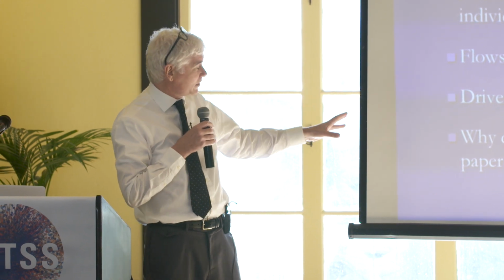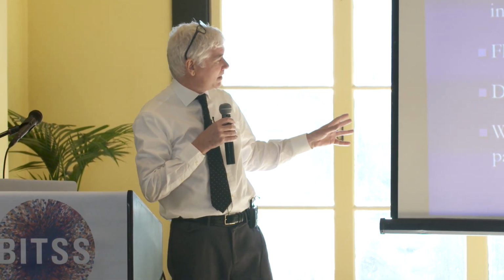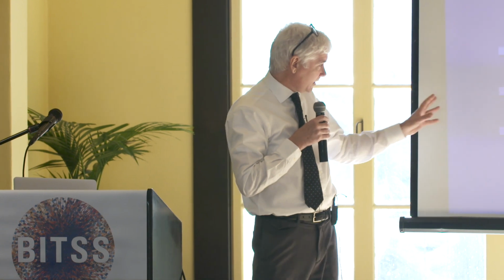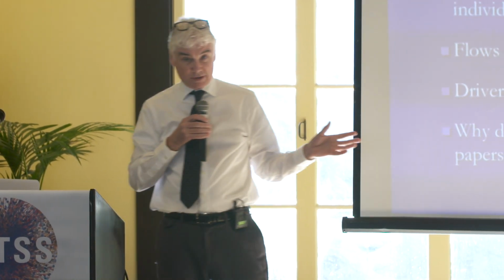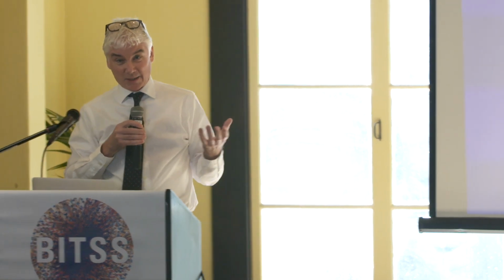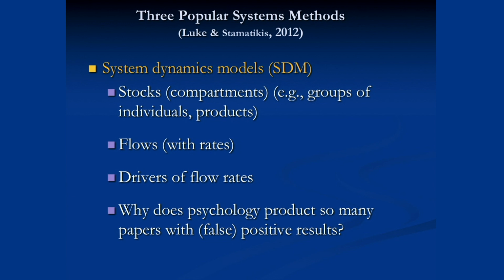And the sort of question you can ask with a system dynamics model would be, why does psychology produce so many papers with false positive results? So why does this discipline, I apologize if you're a psychologist, most of my examples will be about psychology. Why do psychologists produce a bad product?